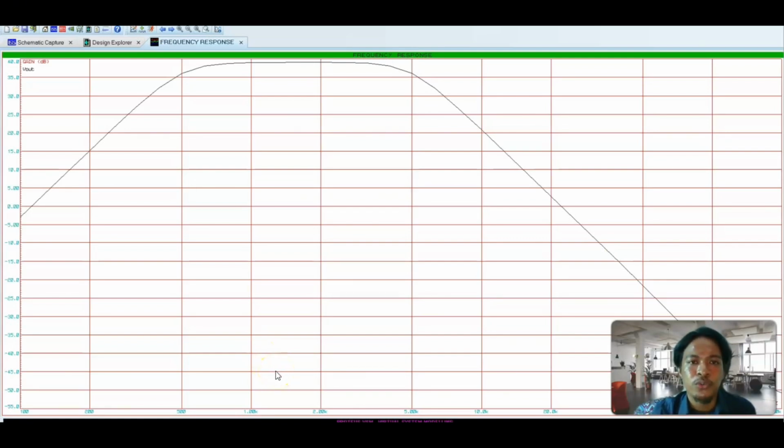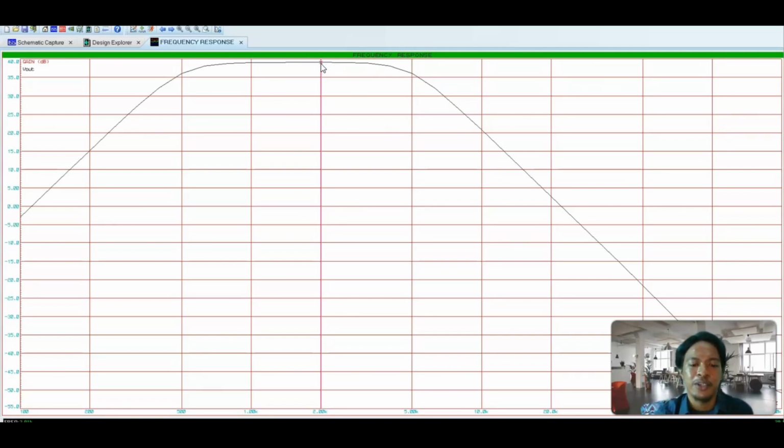To find the mid gain, we need to find the highest gain, which is 39.1 dB.